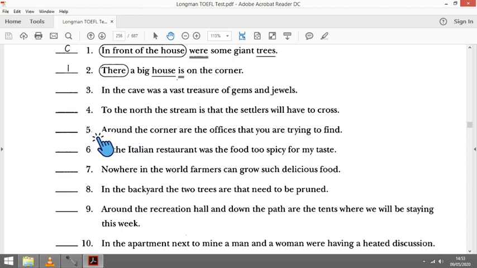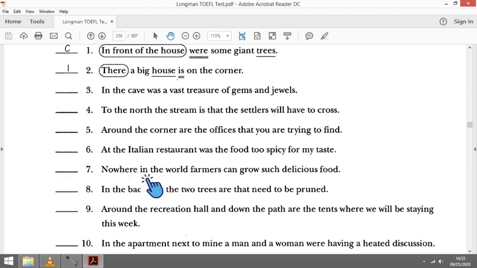Number 5, around the corner. Okay, good. The officers. Verb first and then subject. This one is a place expression. This means that number 5 is correct. Number 6, nowhere in the world. Okay, it's a place expression.